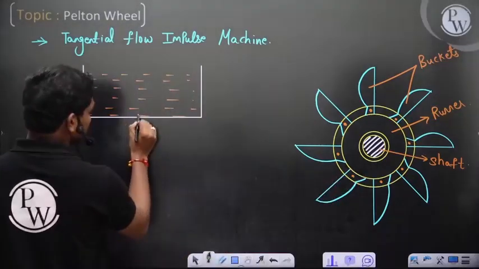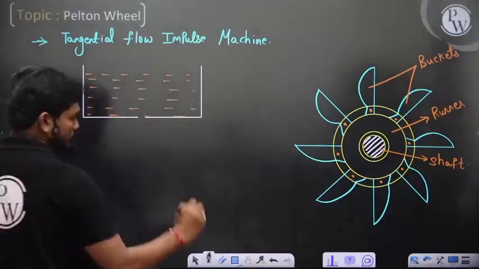Then there's a penstock, the pipe which transfers fluid from the reservoir to the turbine.